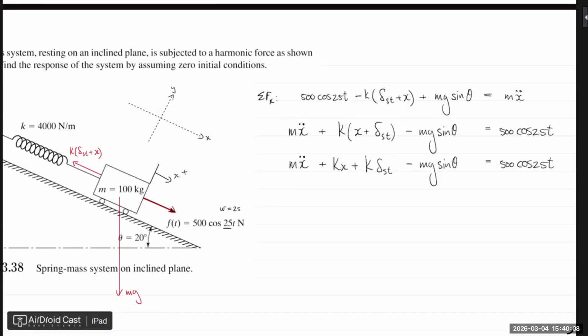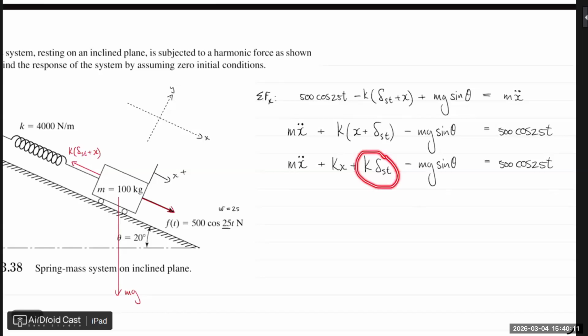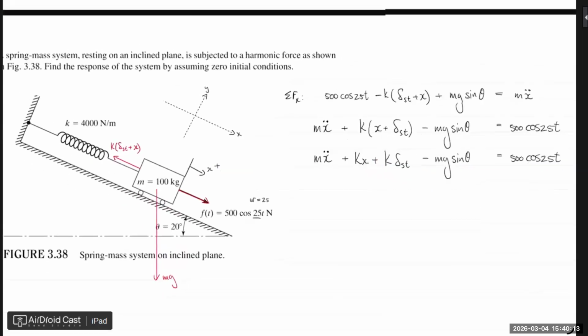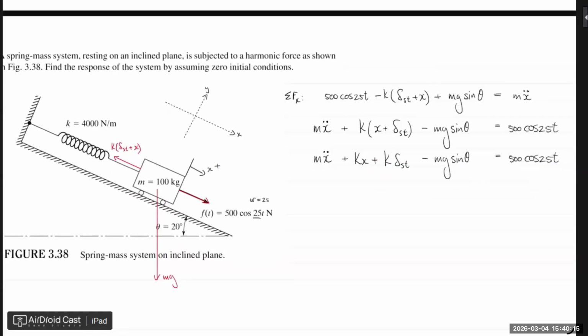But what is this k delta st? It was the force that was present in the beginning, right? The force that was present just in the beginning. But it's the same as that force. So these two things are the exact same thing, those two. So those will just subtract from one another. Yes.